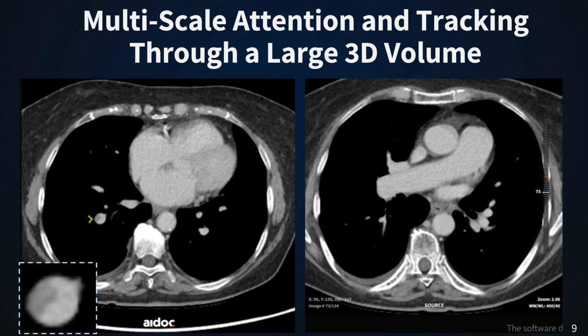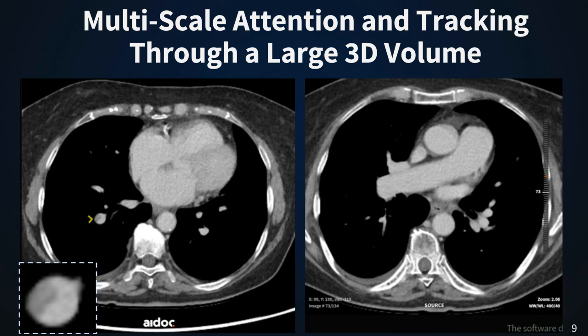And I want to demonstrate it using an example. Here you can see two slices of the same 3D CT scan of the chest. Let's start by focusing on the left slice. For those of you who are radiologists or in the field, this is a CTPA scan.